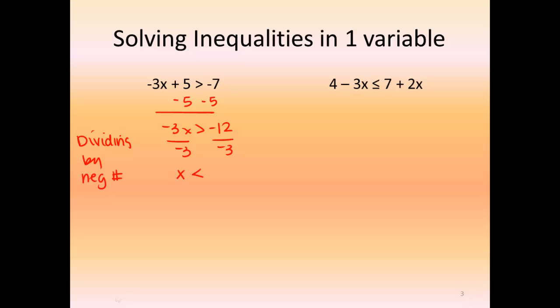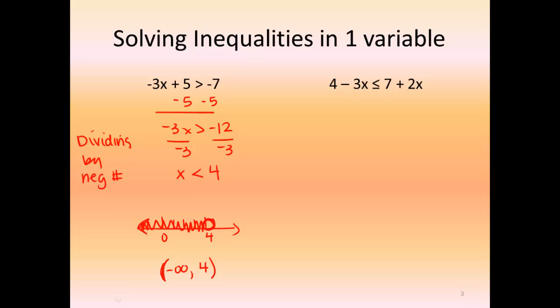So I'm switching my symbol over to a less than, and it's less than positive 4. On my number line, you might include 2 and you might not. It does not matter. You can even put all the tick marks, 1, 2, 3, 4. But I will put an open circle and I will shade less than. In my interval notation, I would write negative infinity to positive 4 exclusive, using another soft bracket.